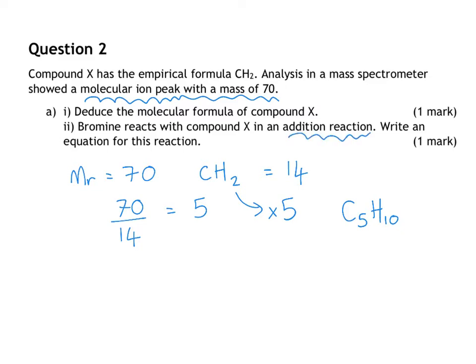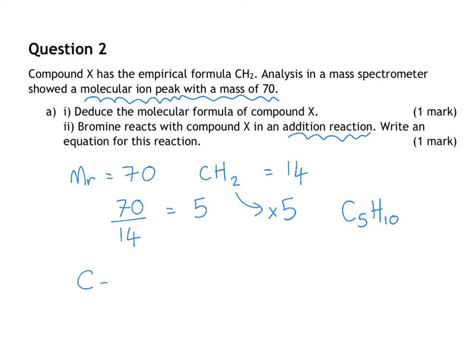So even though I've already got a clue, C5H10, that's a general formula of CnH2n, which suggests this is an alkene. The fact that it reacts with bromine in an addition reaction is more backup for this idea, because it could be a cycloalkane with that formula as well.